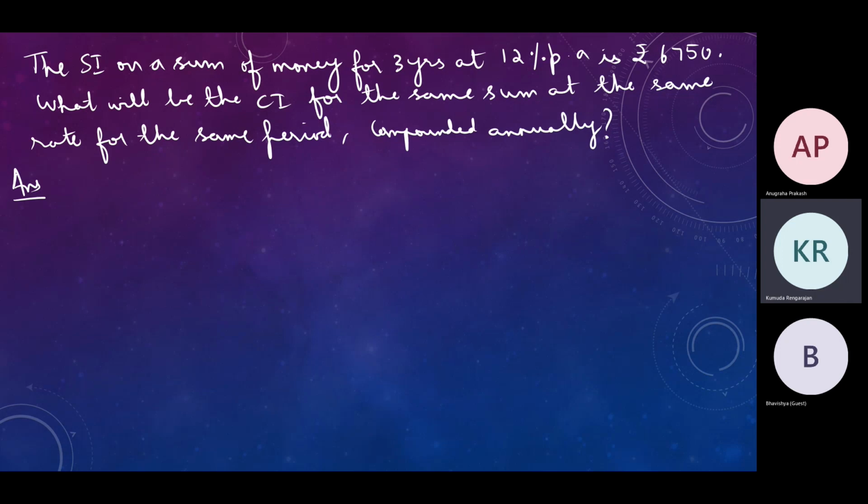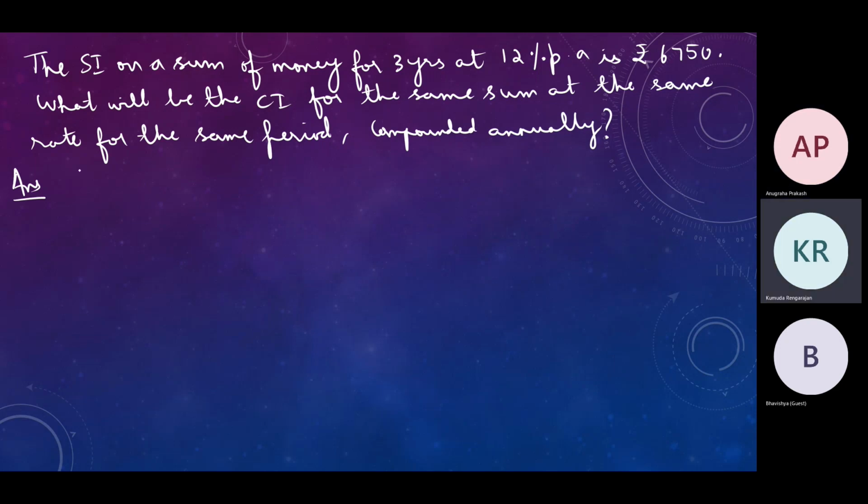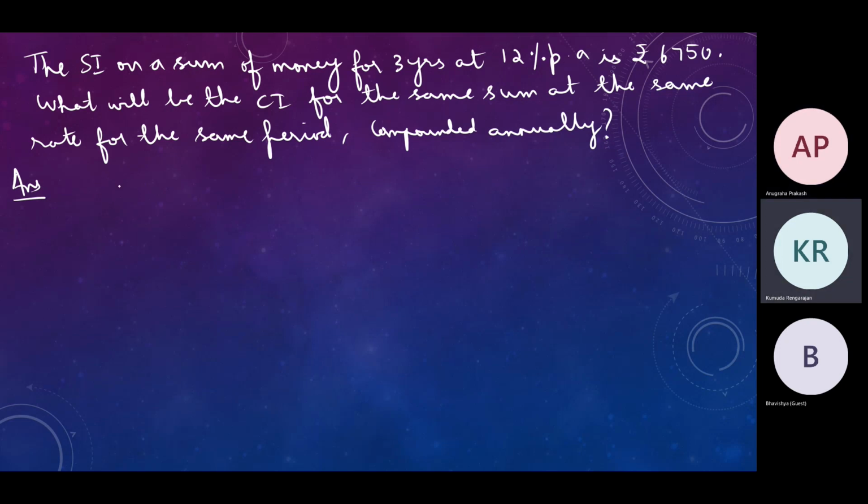What's the principal? Ma'am, 18750. Perfect. Very good. What's the formula you've used? Ma'am, PRT by 100. Okay, so simple interest is given to be 6,750.